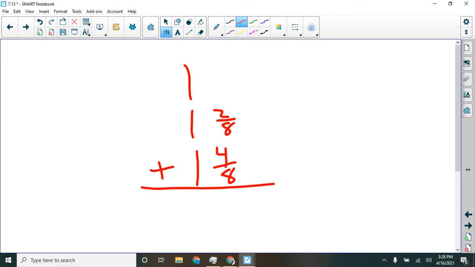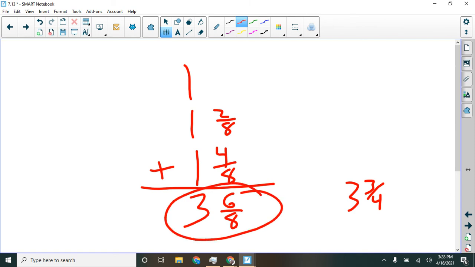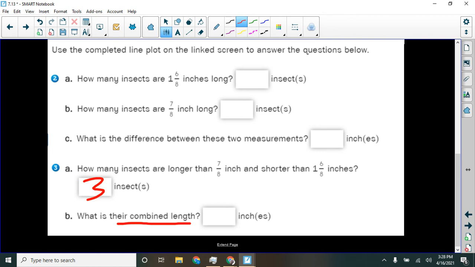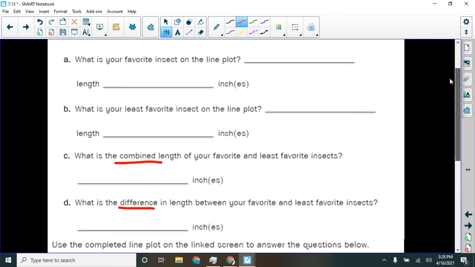So break those up into, add 2 of them and then add the other 2 and then add the 2 sums together. We add those up and we can get 3 6/8. If you want to write that as 3 3/4 because that's reduced, you can. But this was going to be fine as well. 3 6/8. And where do we put that? We put that right here. 3 6/8. Okay, so you have some questions here, and then I think there's a few that I probably don't have on the screen.